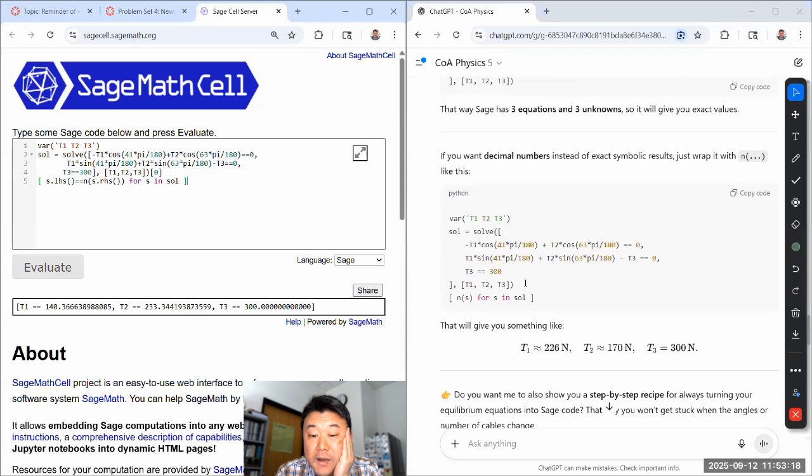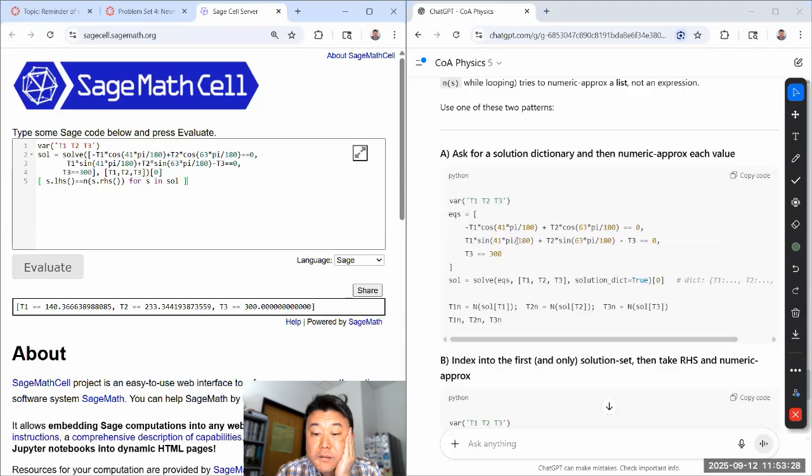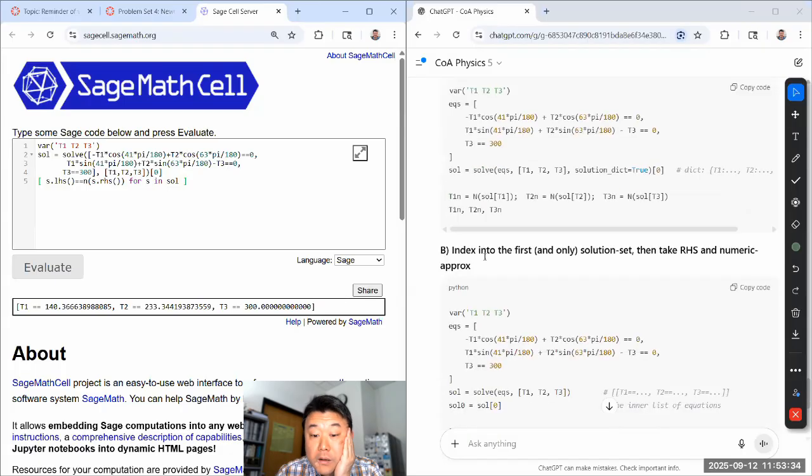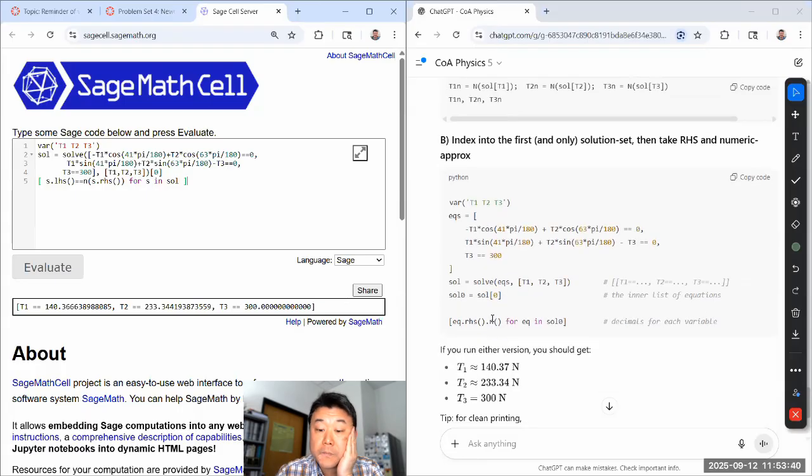It never got me out of that nested list. List of solution sets, yeah. Solution dictionary. This hasn't worked in the... Actually, that might work. Index into first and the only. Yeah, that's the way I usually go. Yeah, I think this will actually work.